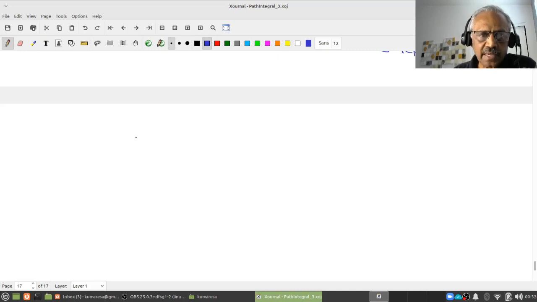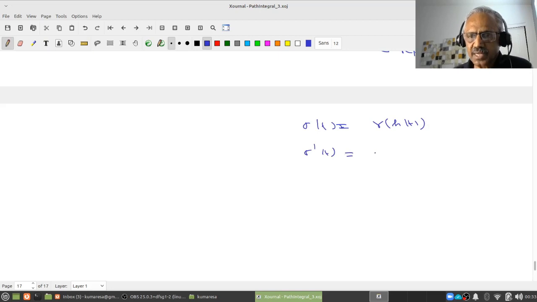So let us go back to the definition. What is sigma of t? Sigma of t is gamma of h of t. Therefore, wherever sigma prime makes sense, only at those points for t in [t_{i-1}, t_i], all our computations hold. By the chain rule, this is gamma prime of h of t times h prime of t. Is it okay? Right.